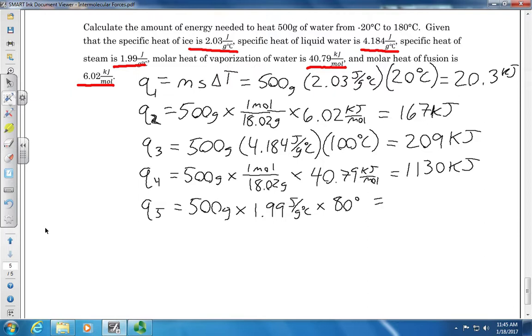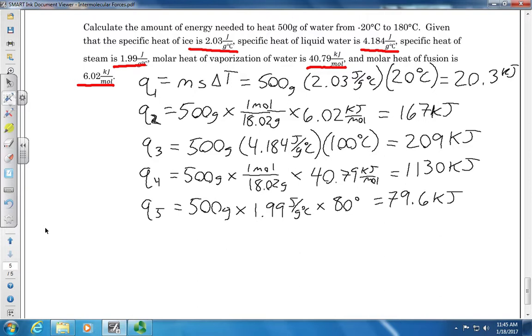So if you convert it to kilojoules, that is 79.6 kilojoules. If you left it in joules, the direct calculation will give you 79,600 joules approximately.